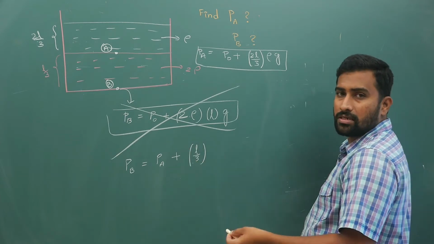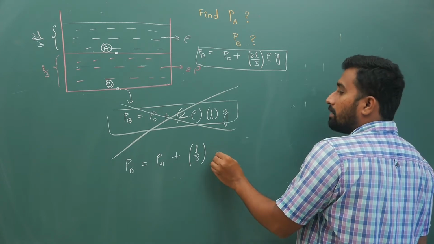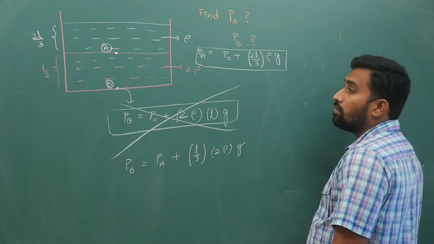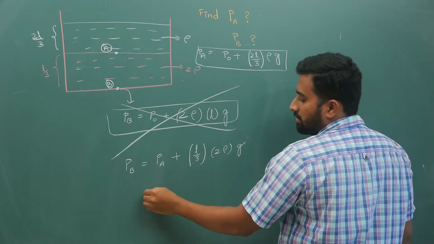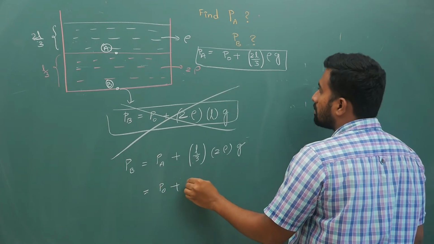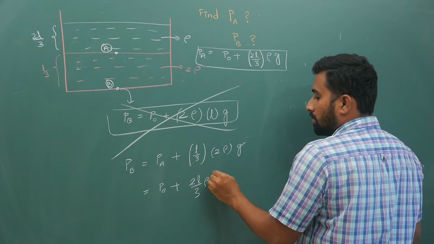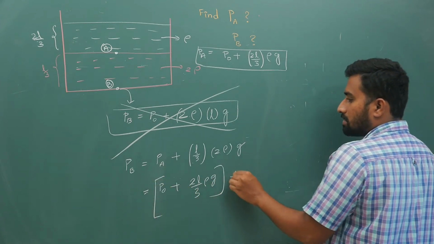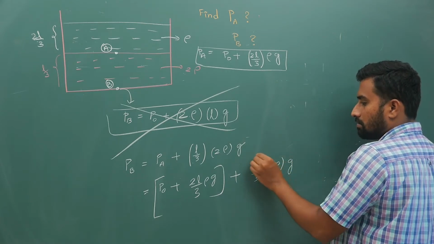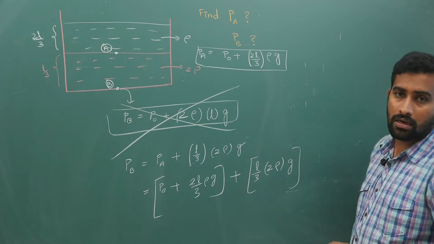I told you the pressure at the bottom point is the pressure at the top point plus H rho G. So L by 3 into 2 rho into G. Now pressure at A is P naught plus 2L by 3 into rho into G, plus L by 3 into 2 rho into G. If you simplify, that is your answer.